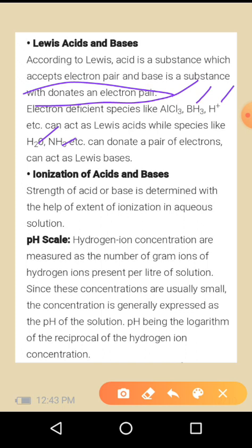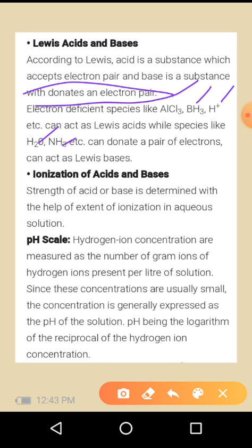Next one is ionization of acids and bases. Strength of an acid or base is determined with the help of the extent of ionization in aqueous solution. pH scale: hydrogen ion concentrations are measured as the number of gram ions of hydrogen ions present per liter of solution.